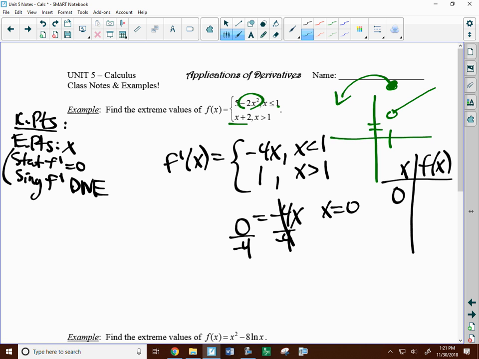I have no endpoints, but I do have a critical point there. The other one, 1, I set that equal to 0. That doesn't give me anything. So no solution from that one. So from that, I got 0. Any thoughts on that, like how that was a stationary point? Good on that so far?